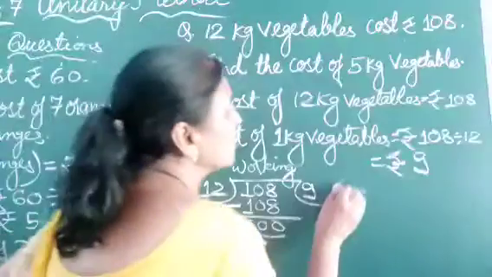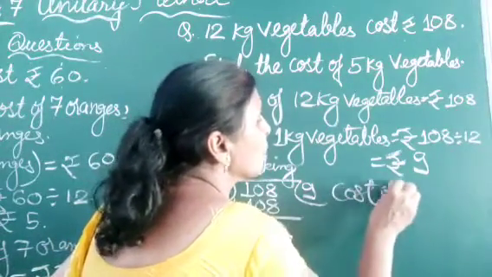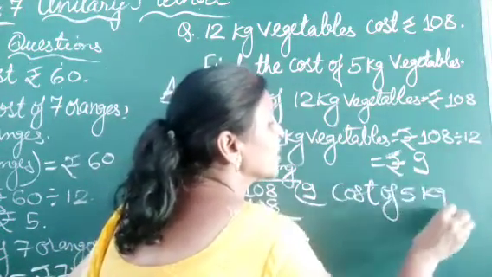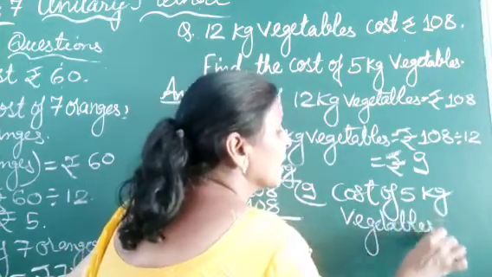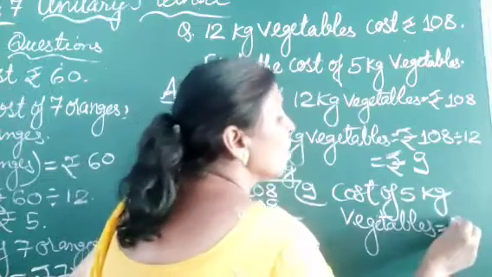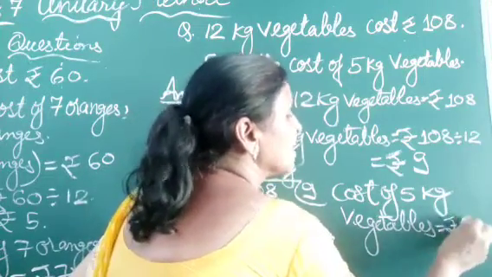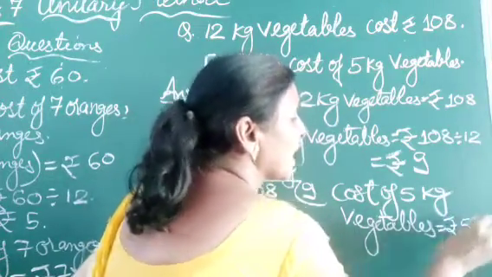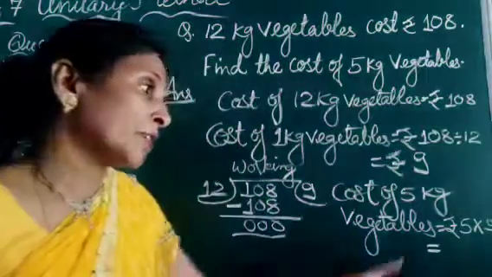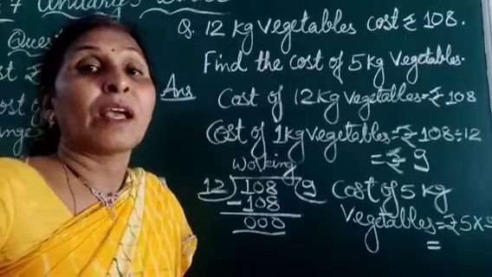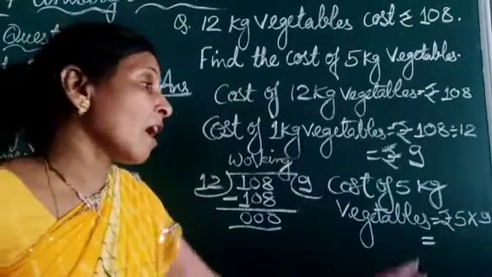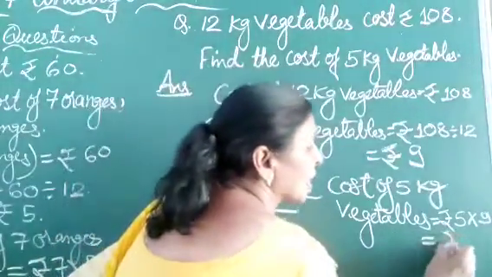Now we find out the cost of 5 kg vegetables is equal to rupees 5 multiplied by 9. Now children, you know the table of 5. 5 nines are 45.